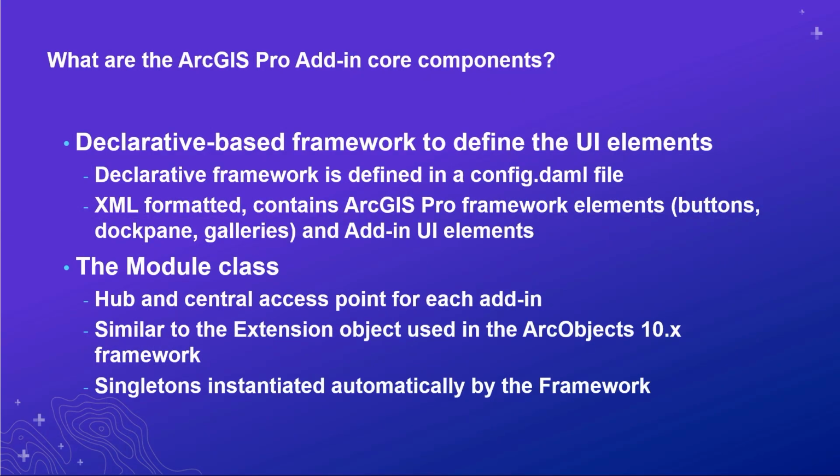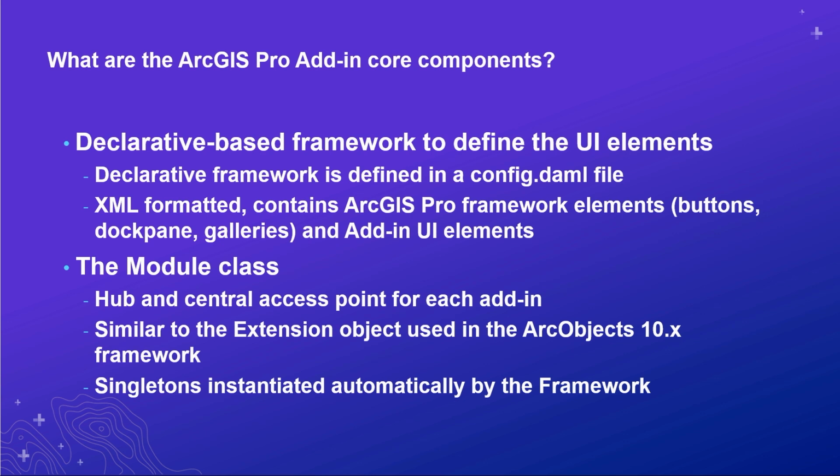When you work with add-ins, there are 2 main things you begin with: the DAML and the module class file. Add-ins use a declarative framework to define the UI elements. The config.daml file in an add-in is where you define these UI elements. We will learn more about this in the next slide.